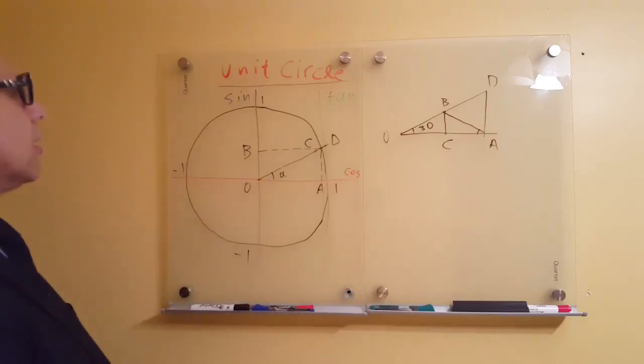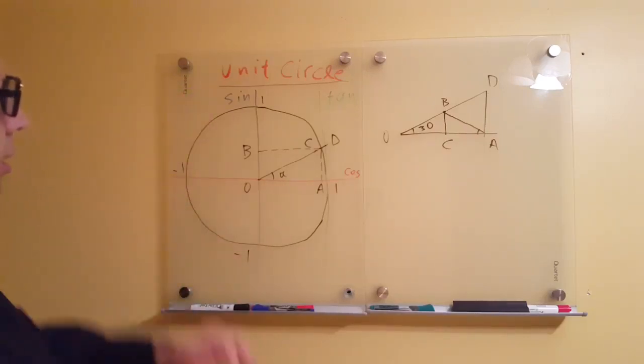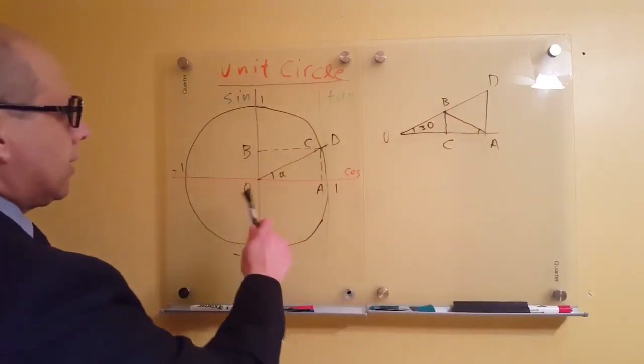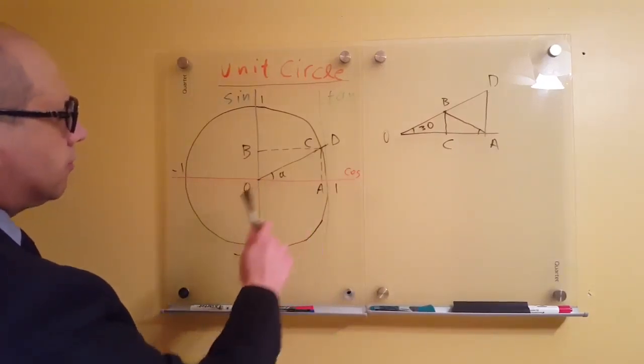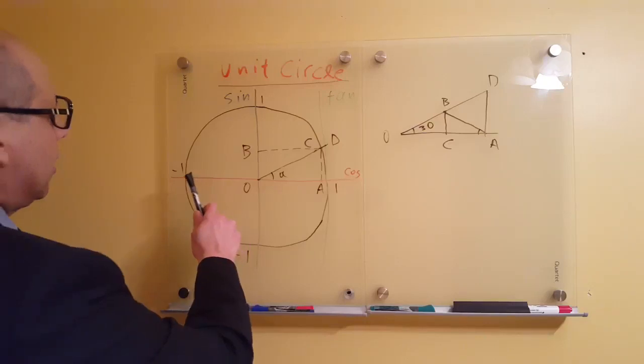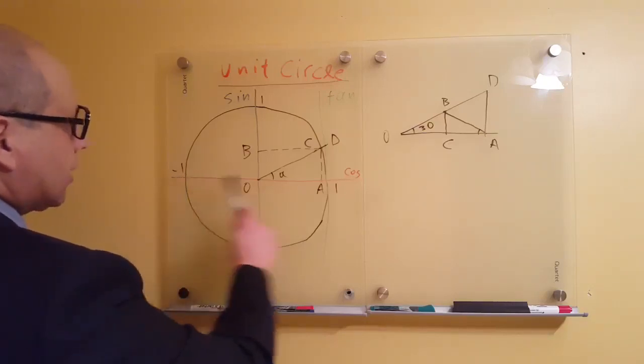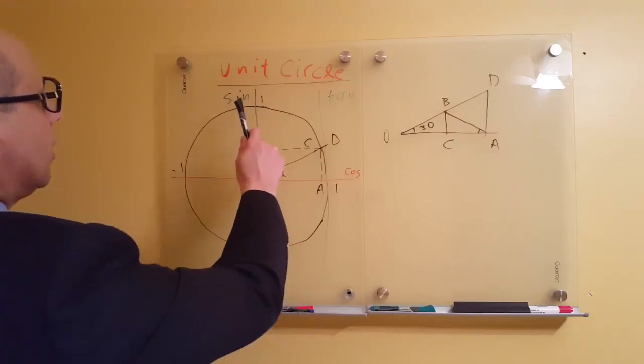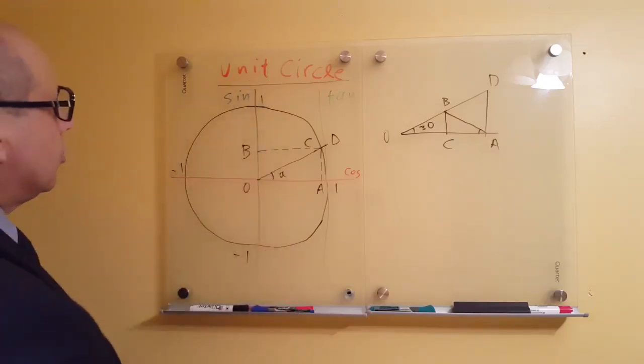As you can understand, the unit circle is a circle, as you can see here, whose radius is 1, and on the x-axis we measure the cosine, and on the y-axis we measure the sine.